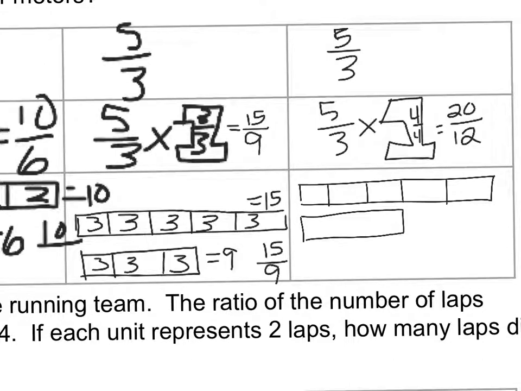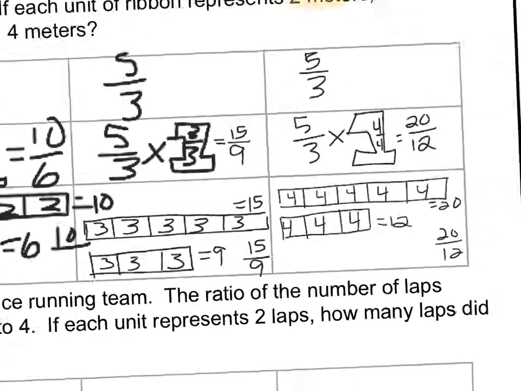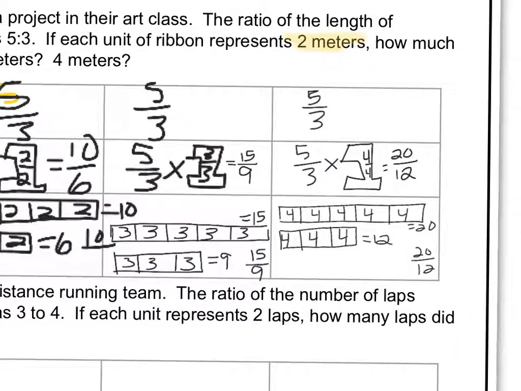What's going to go in each of those boxes? 4, because we scaled up by 4. In the first tape diagram, there are 5 4s, so that makes 20. And in the second one, there are 3 4s, so that makes 12. So that's 20 over 12. And those are meters. So 20 meters for Shani and 12 meters for Mel.